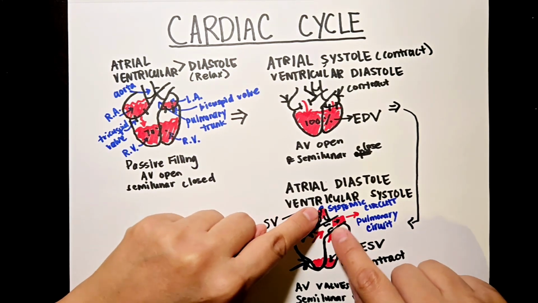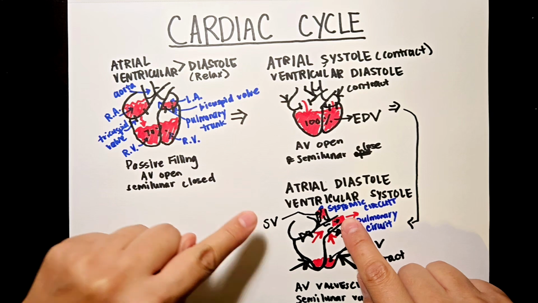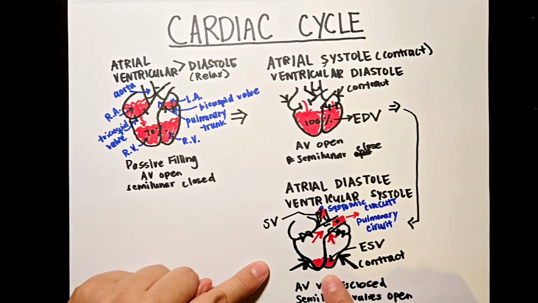The amount of blood that's pushed into the two circuits is what we call SV, stroke volume. Blood left over after ventricles have contracted is what we call end systolic volume, what's left over here.